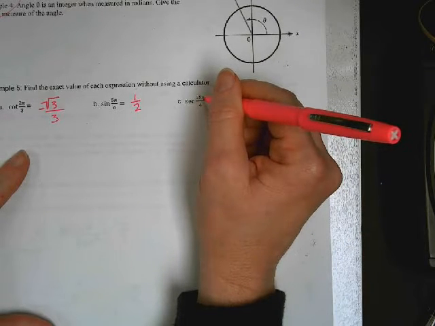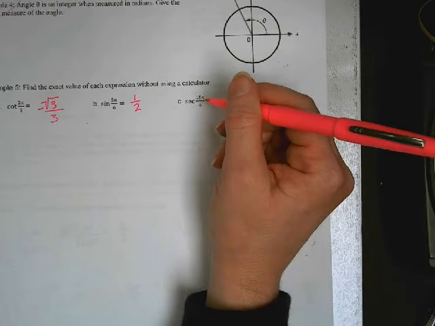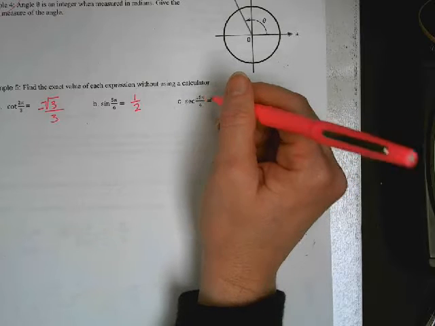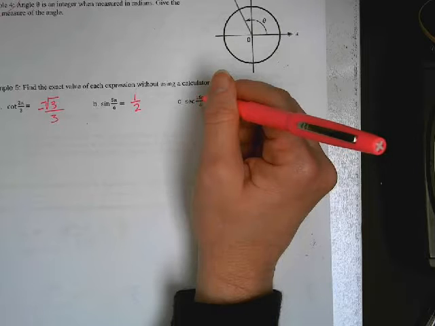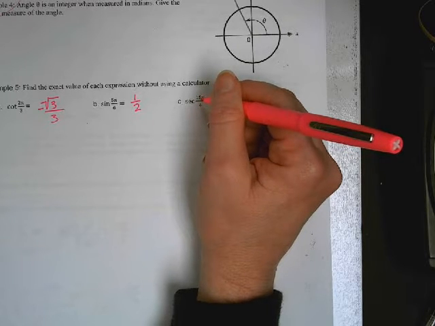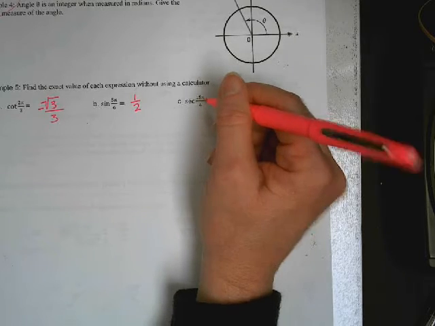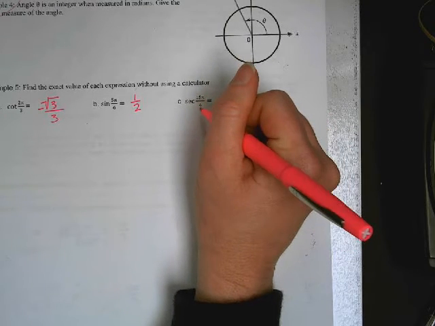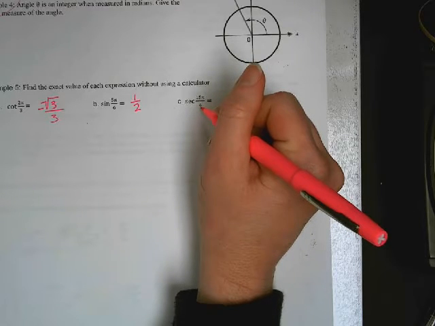15 pi over 4. Now think about this one for just a minute. This one has gone around the circle several times. Almost 4 full times. If it was 4 full times, what number would be on top? 16. Well, it's not 16 because it didn't quite go around 4 times. So what quadrant am I in? Quadrant 4. So secant of pi over 4, which would be 45 degrees.